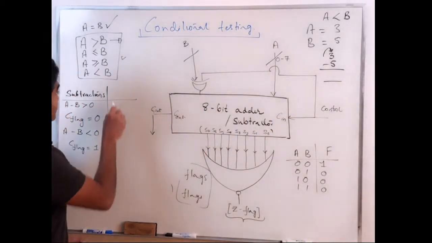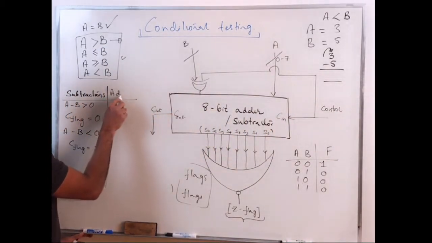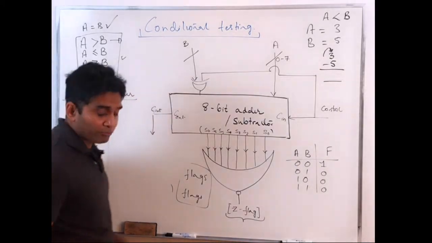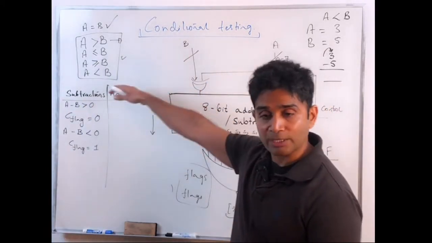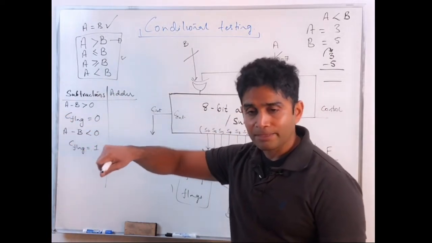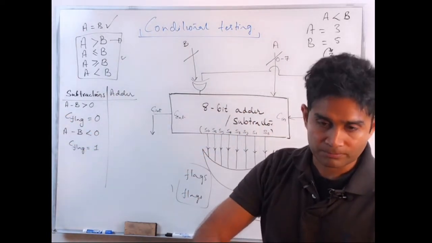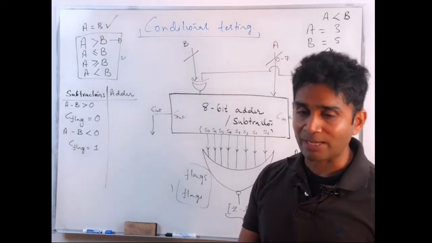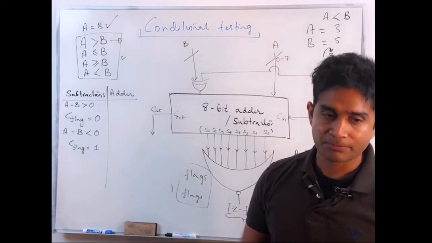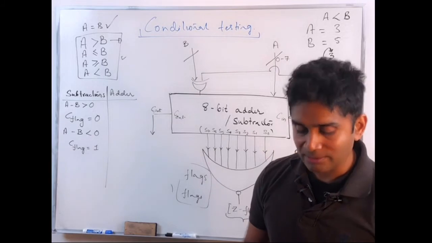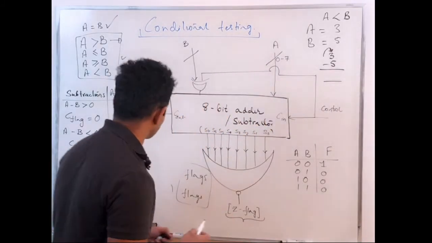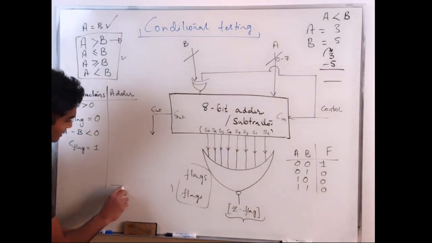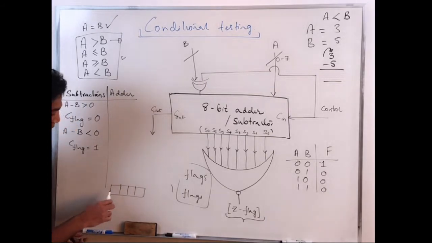That's how I'm defining my C flag. When I'm doing addition operations, if my circuit is configured as an adder, I use my C flag as an overflow flag. What do I mean by overflow? Again, remember that I'm working with unsigned numbers. When will I have an overflow? Let's say I'm trying to add two unsigned numbers together. Overflow happens when my sum cannot be stored in a fixed number of bits.